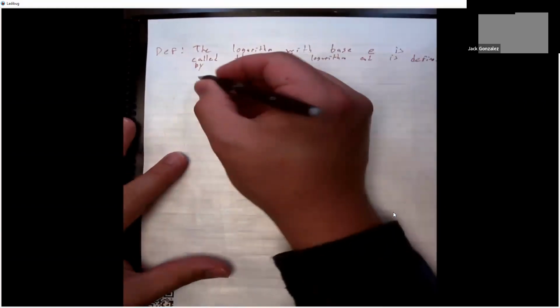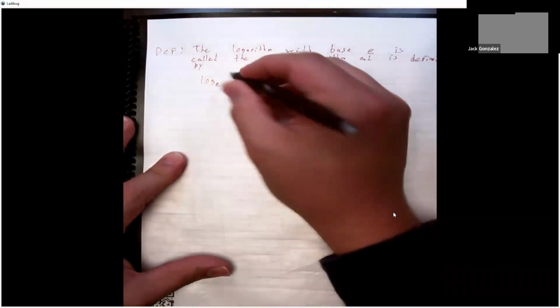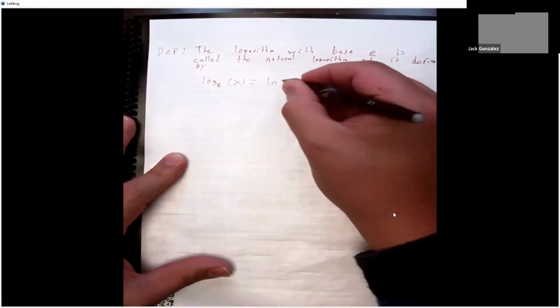The log base e of x is the natural log, which we use ln x as a notation. So whenever you see ln, we're talking about base e. Okay, it's assumed to be e on your calculator and in all math books. Okay.